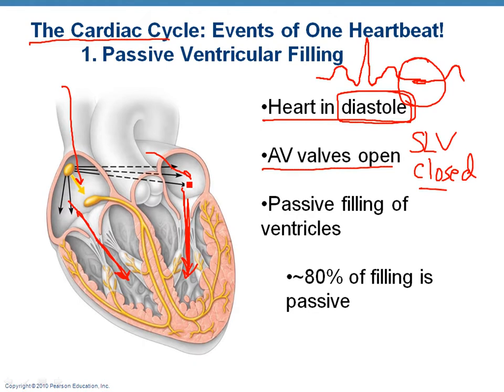And then that blood is able to just passively flow from there down into the ventricles based on gravity. So this is called passive filling of the ventricles, and about 80% of ventricular filling, 80% of the blood that will ultimately make its way into the ventricles with one heartbeat, occurs during this phase.